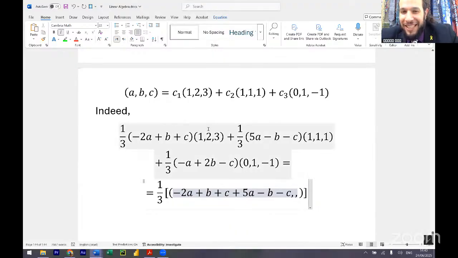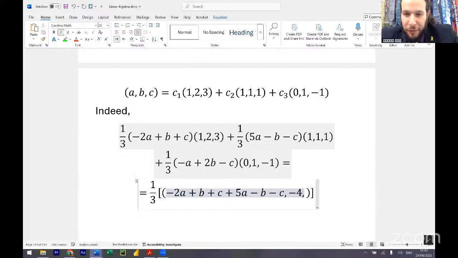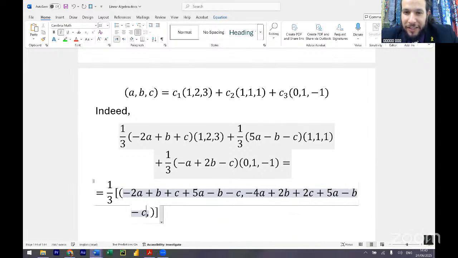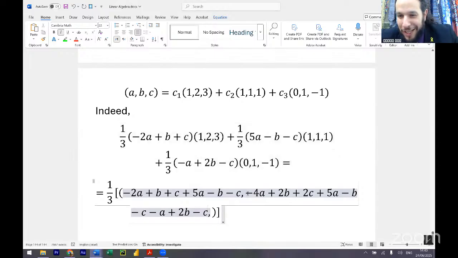So the next thing is multiplying by 2. Minus 4a plus 2b plus 2c plus 5a minus b minus c minus a plus 2b minus c. That's elegant. What are we left with here? Let's look.